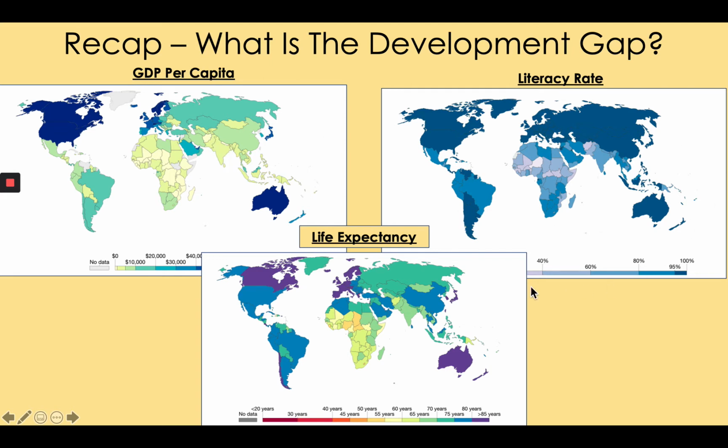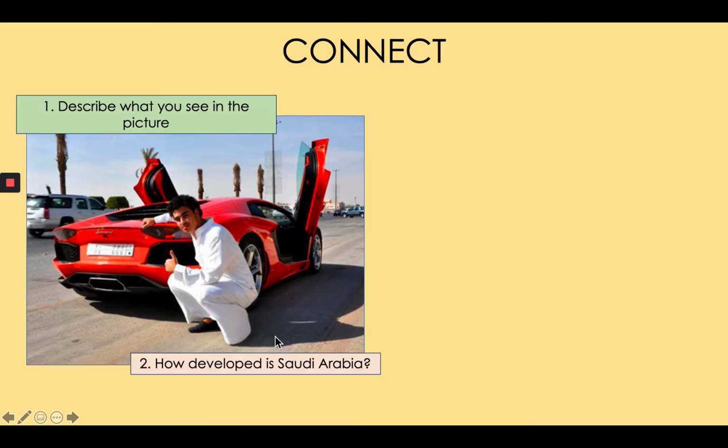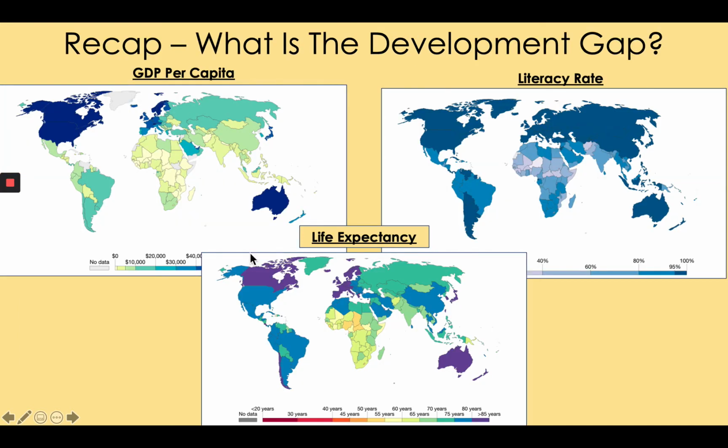For literacy rate, a similar pattern. You may have written that North America has a high literacy rate and Asia as well, but with lower areas like Afghanistan. Oceania has generally a high literacy rate, South America somewhere in the middle, and again Africa comes out the worst. Life expectancy, similarly, you may have written that life expectancy is highest in North America, Europe and Oceania.